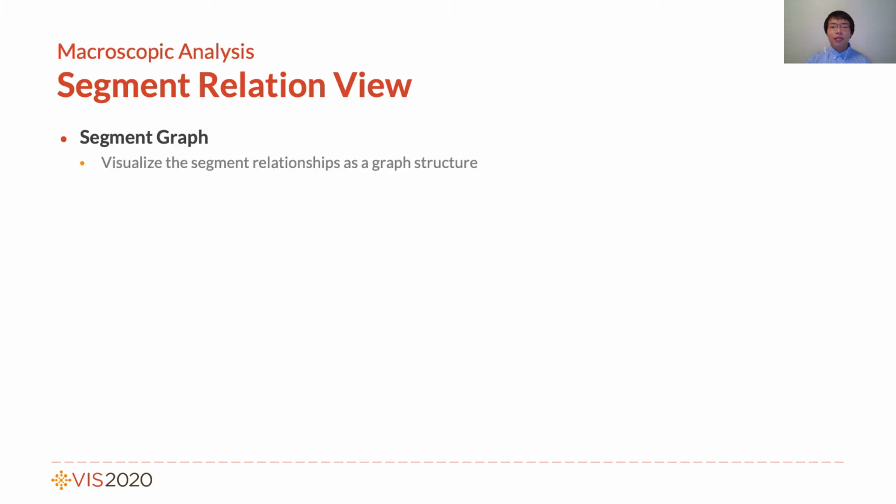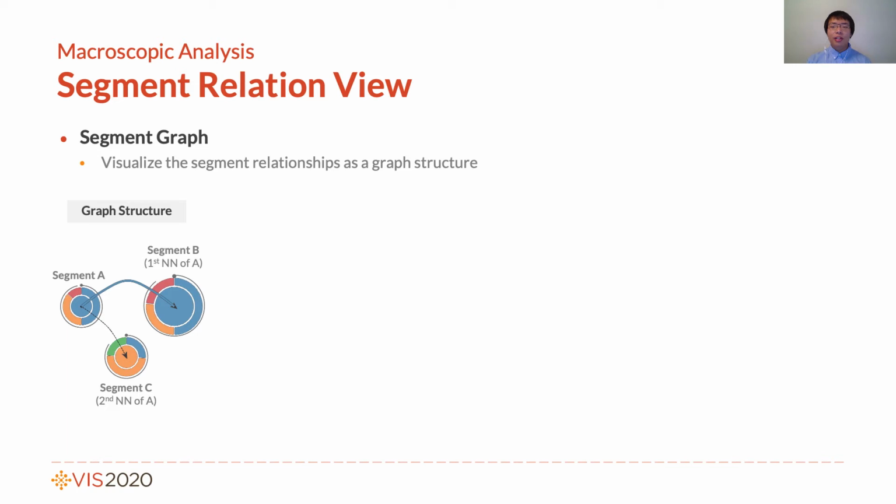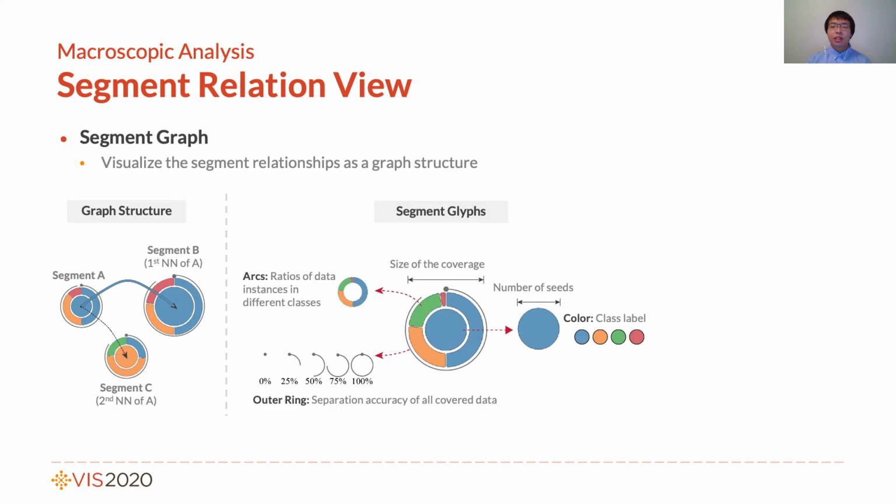To provide an overview of the segments as well as their relationships, a segment graph is designed to visualize the relationships in the form of a modified node-link diagram. Here, each circular glyph represents the characteristics of segments, such as the number of covered instances and seeds, and the ratios of instances in each class.